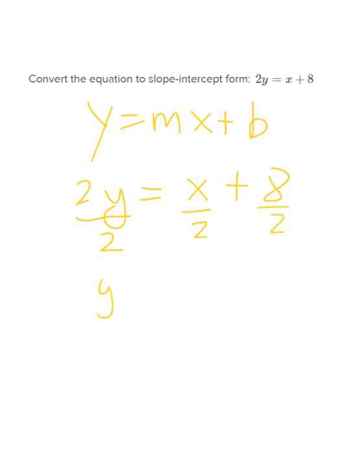We get y equals 1/2 x plus 4. Beautiful. Easy. So we took this equation, not written in slope-intercept form, and we rewrote it into slope-intercept form right here.